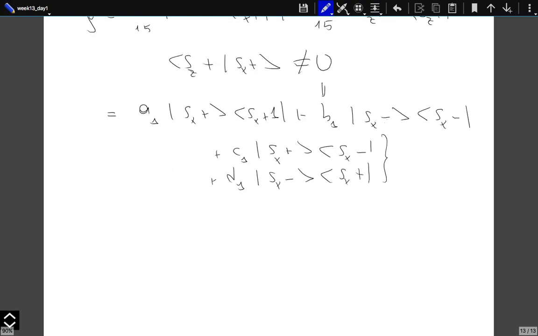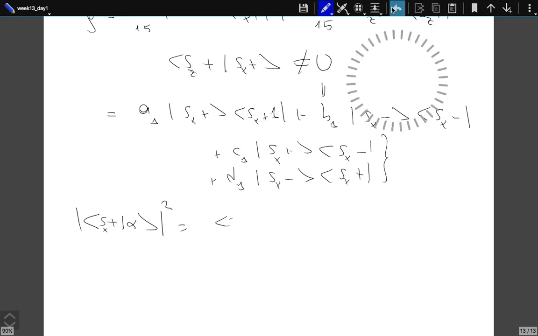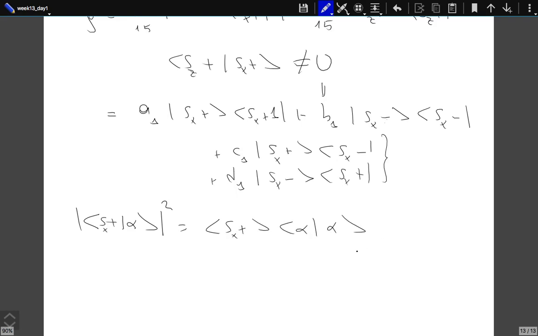You see, basically, for a given ket, state alpha, let's say, the probability that it is in, let's say, Sx plus is this one. This is equal to the magnitude squared of the overlap of Sx plus with alpha. This was our notation in the ket case.